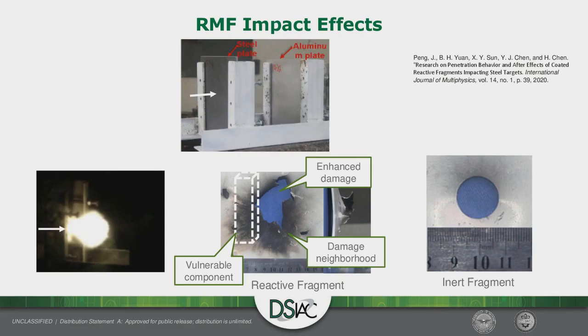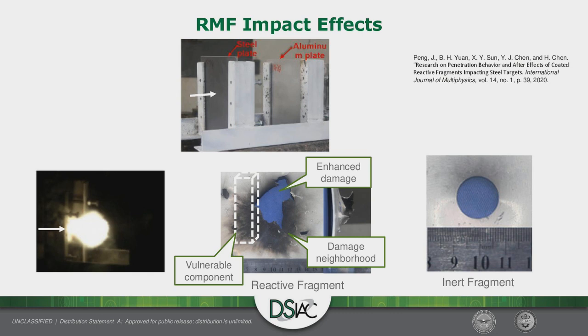So this is one example of a reactive metal impact. And this is a paper presented in the International Journal of Multiphysics by these Chinese researchers. And this is a fairly typical experiment where you have a striker plate and a witness plate downstream from that, and you fire reactive metal material into this.